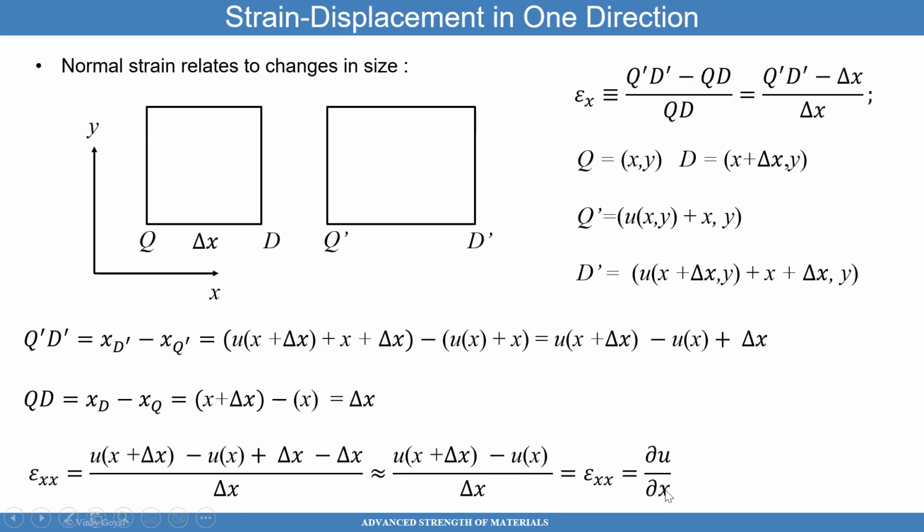You also know that from Taylor series expansion. You may remember from Taylor series expansion that u of x plus delta x equals u of x plus delta x times partial u with respect to x.